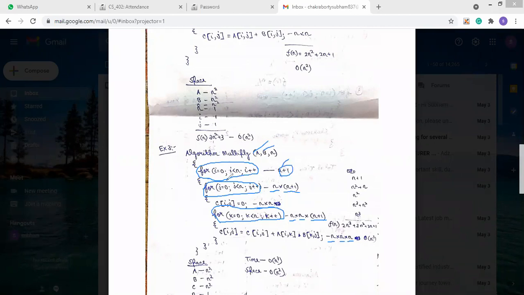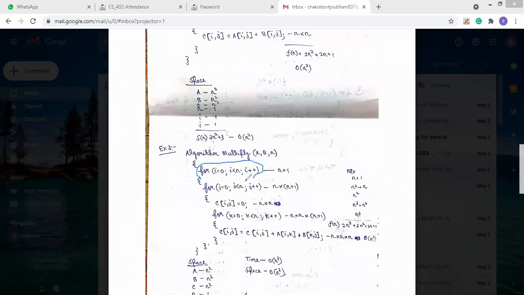Clear? And the number of statements present inside this loop will be executed n number of times. So that's why it is n. It is also n. One minute, I will clear it, then it will be easy to understand.